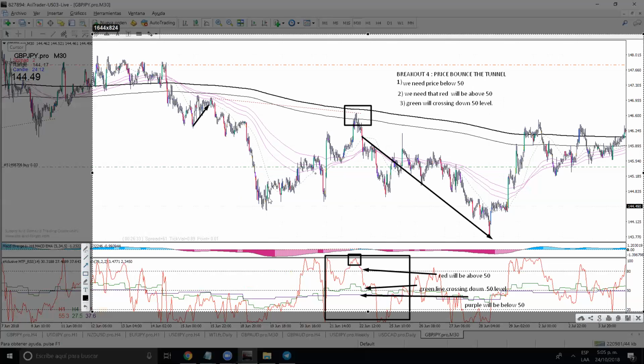It's very easy. Usually people take the trade when the price has a big pullback and continues the trend configuration. So to repeat: green below 50, red above 50, and green will be the trigger. When it crosses, you enter the trade.